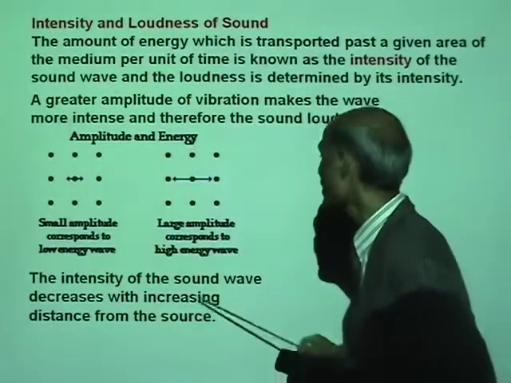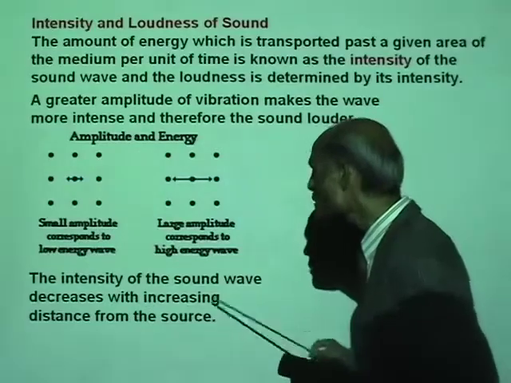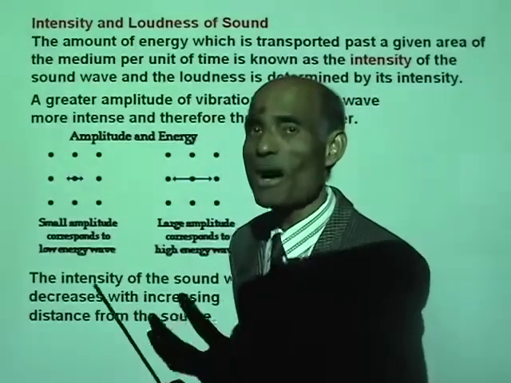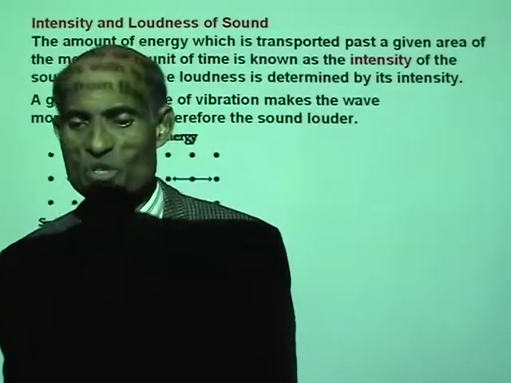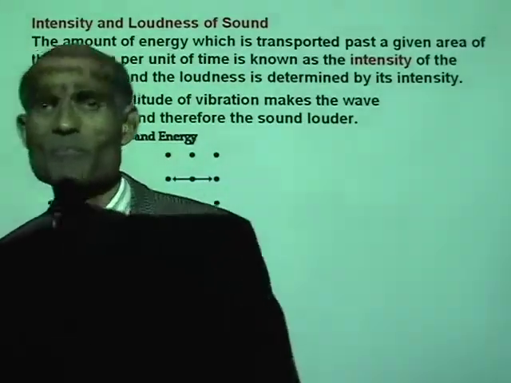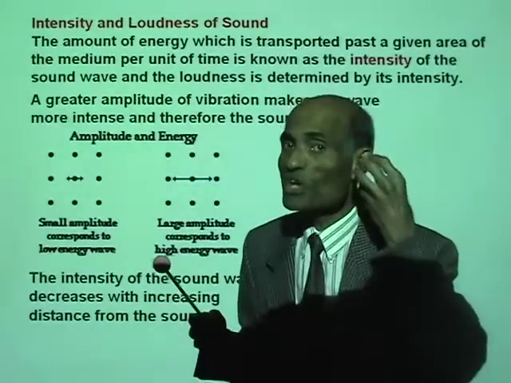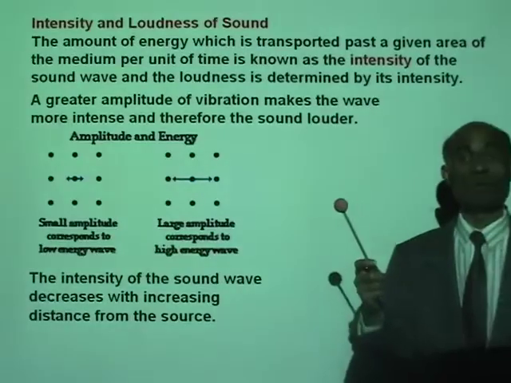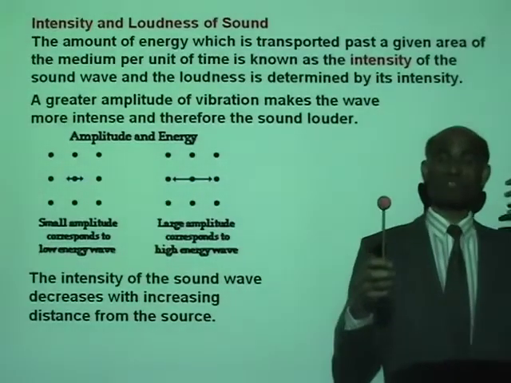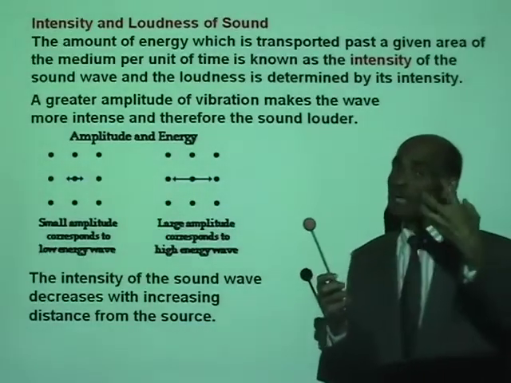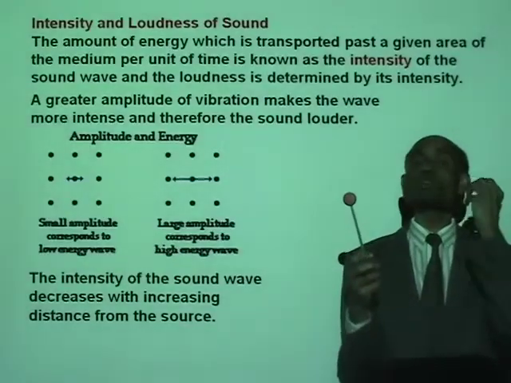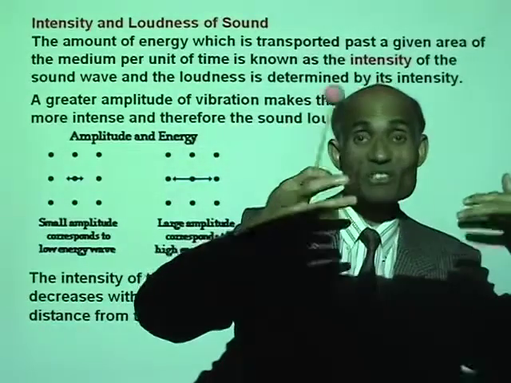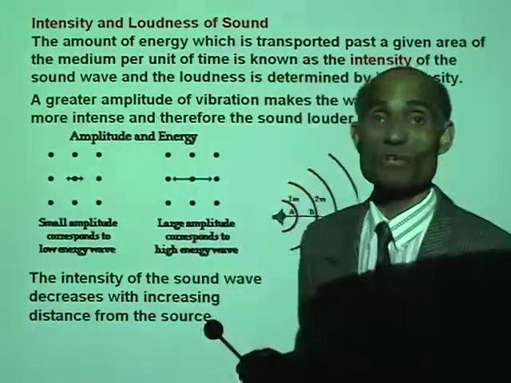So intensity of the sound wave decreases with increasing distance. If I set this tuning fork into vibration, the amount of energy crossing my ear will decrease if I move away. As the distance from the source increases, the amount of energy reaching me will also decrease.